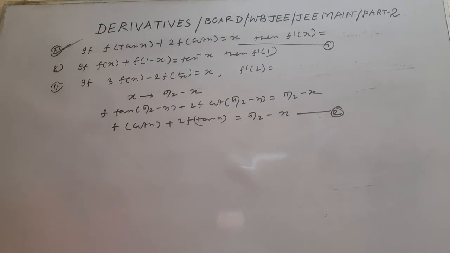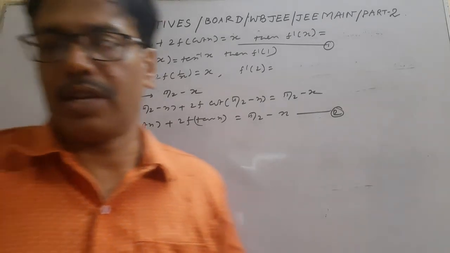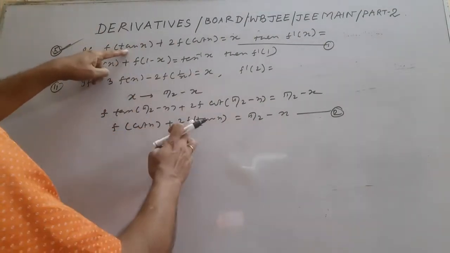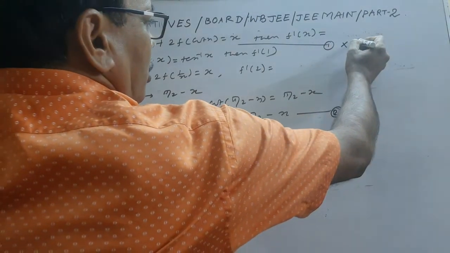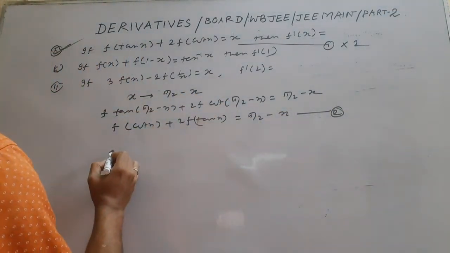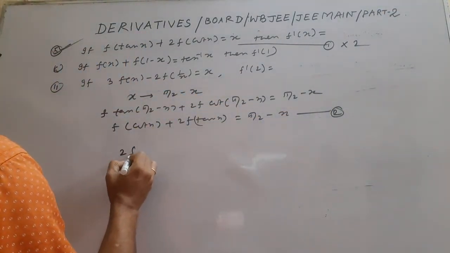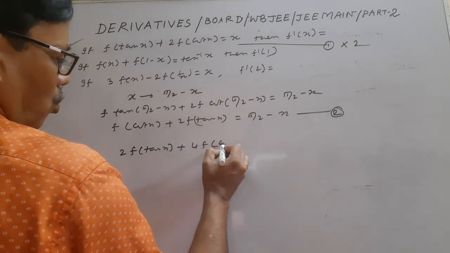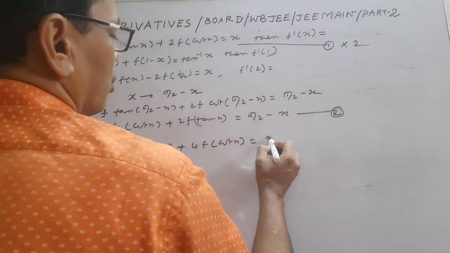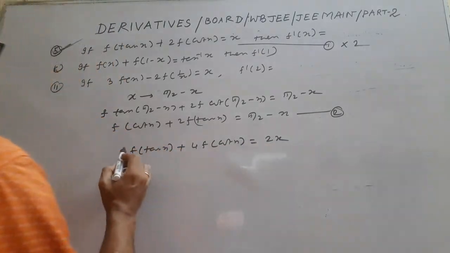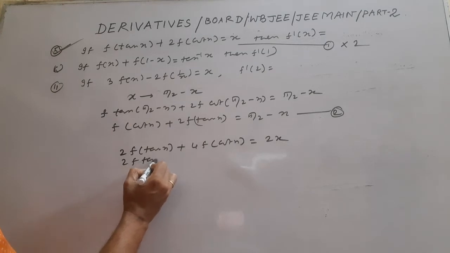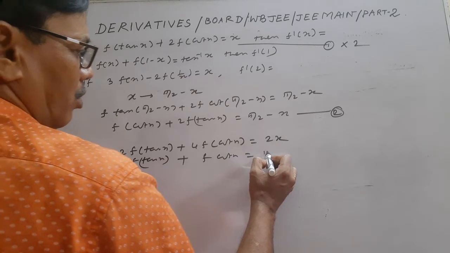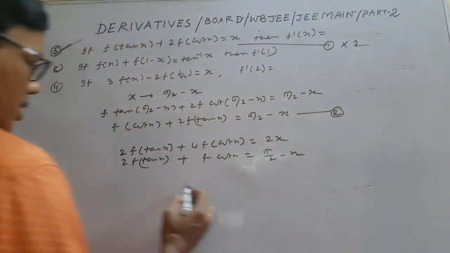Now we have to find first f tan x or f cot x. So multiply the first equation by 2. So 2f tan x plus 4f cot x equals to 2x. And this is 2f tan x, f cot x equals to pi by 2 minus x.